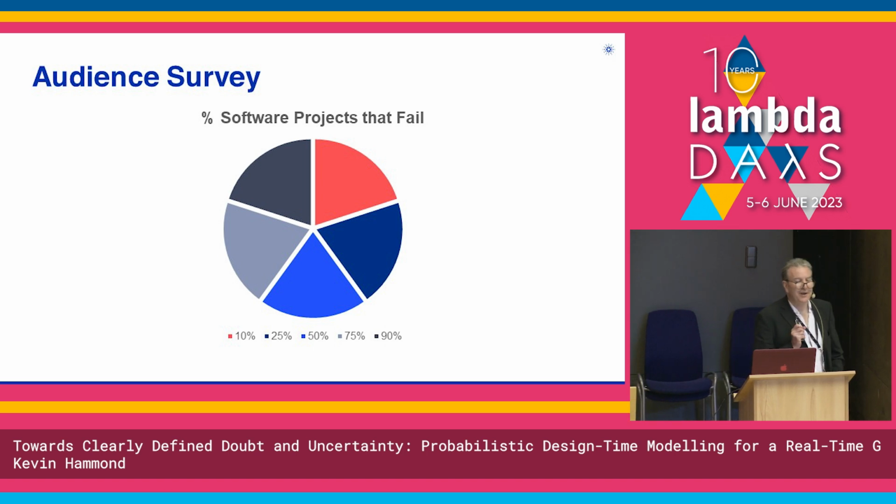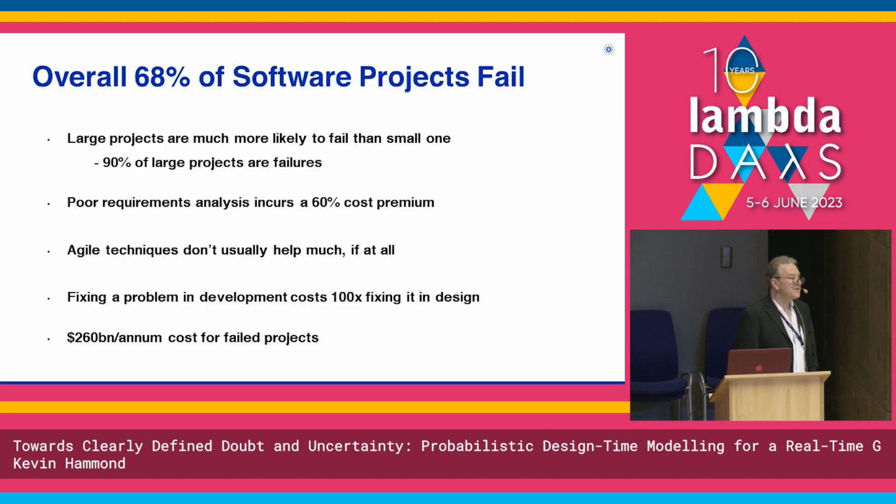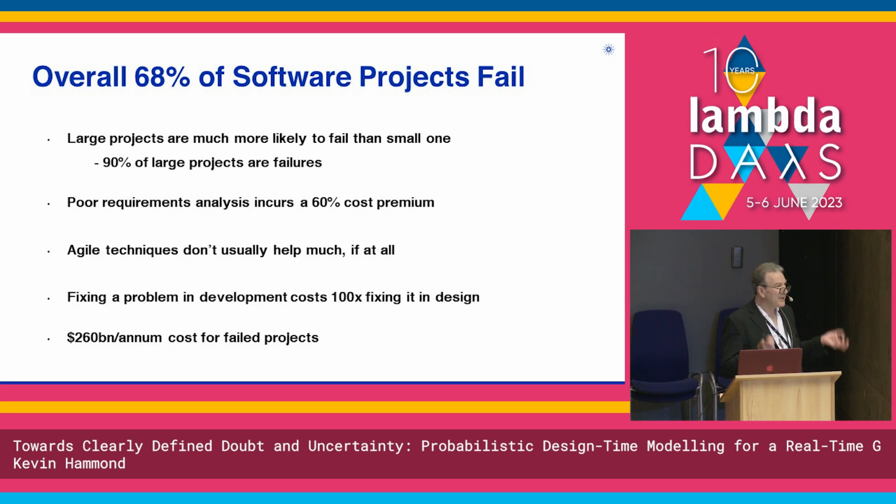But according to Wikipedia and research, overall 68% of software projects fail. And interestingly, large projects are more likely to fail than small projects, with 90% of large software projects being failures. Poor requirements analysis incurs a 60% cost premium. Agile techniques don't usually help much, if at all.